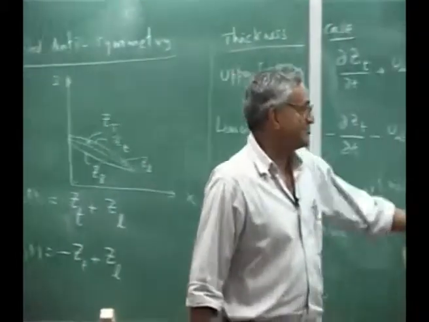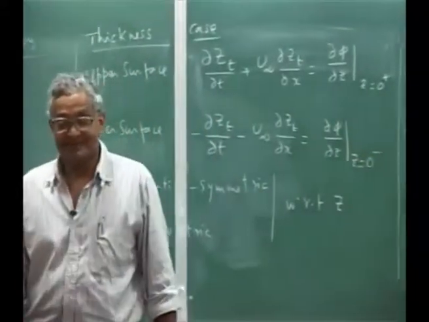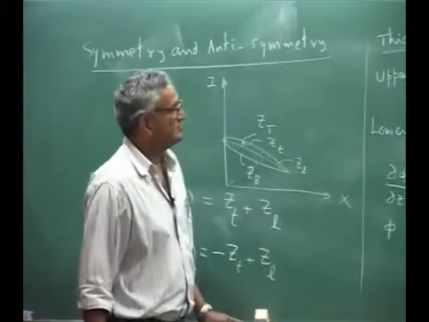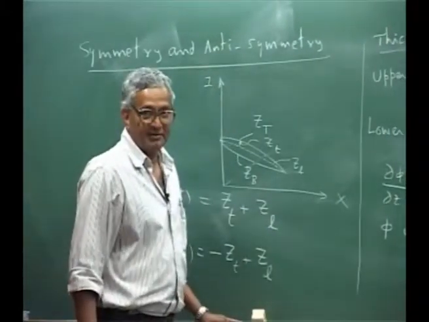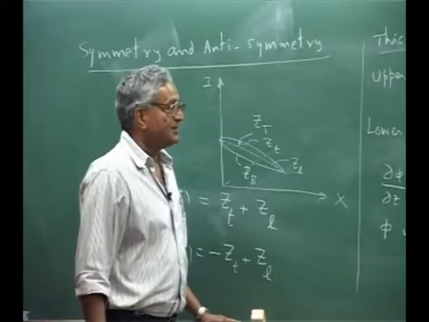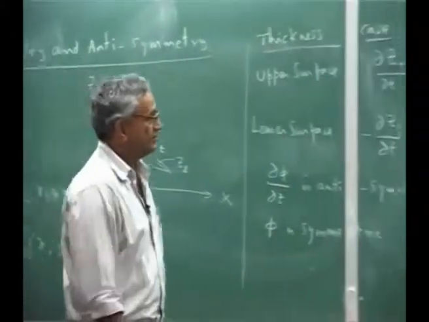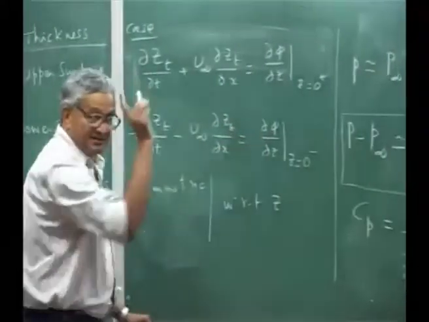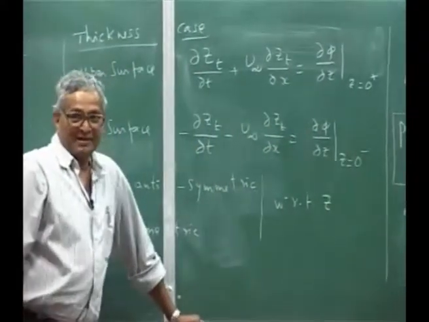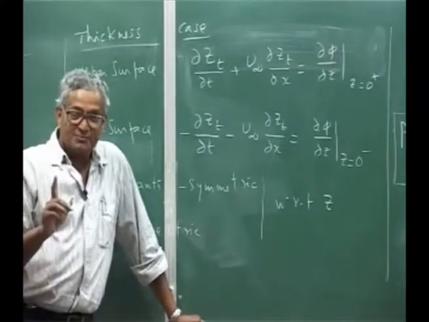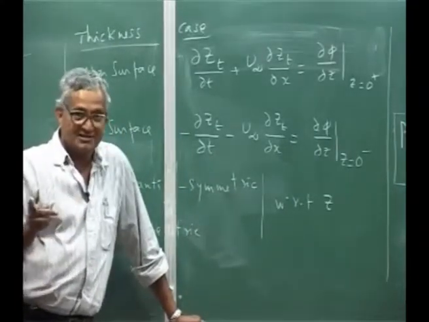Therefore, this will not contribute anything to the pressure. Now, if you go to the lifting case, you will get delta phi by delta Z, it will be symmetric. Therefore, if delta phi by delta Z is symmetric, that means phi is antisymmetric.